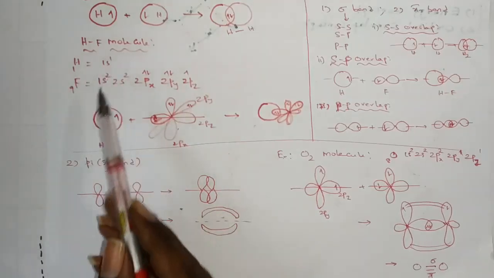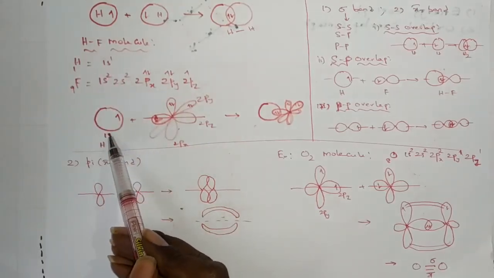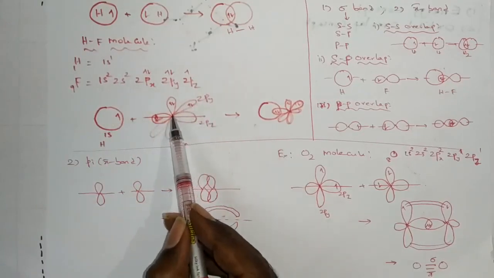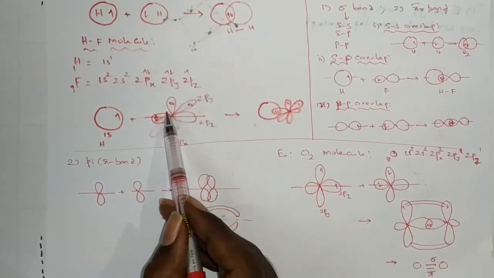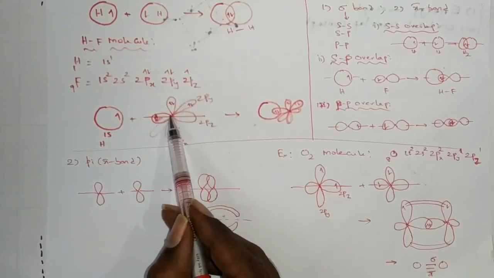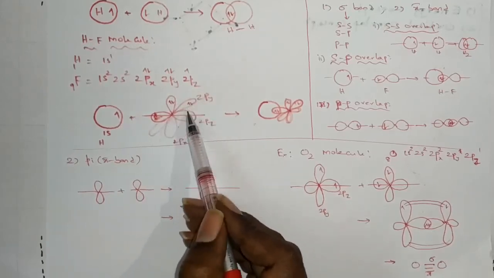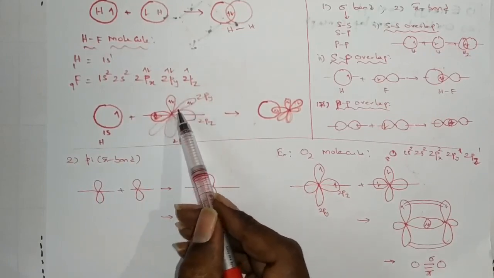The hydrogen atom has 1s1 configuration, that is, the 1s atomic orbital of hydrogen with 1 electron with clockwise spin. And these are the 3 2p orbitals of fluorine. 2pz is along this axis, the internuclear axis, and 2px has 2 electrons, 2py has 2 electrons. As I told you earlier, these 2 orbitals will not be involved in the overlapping.